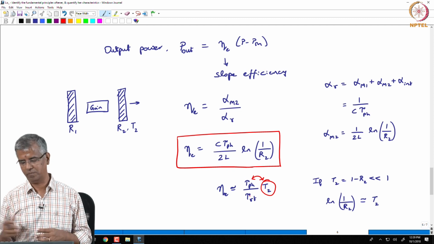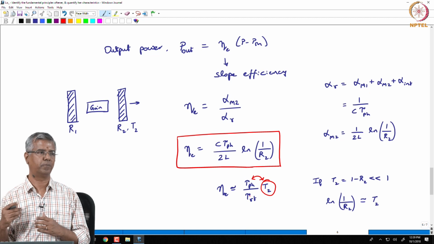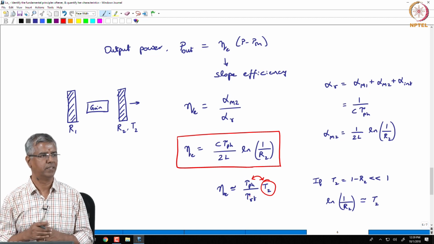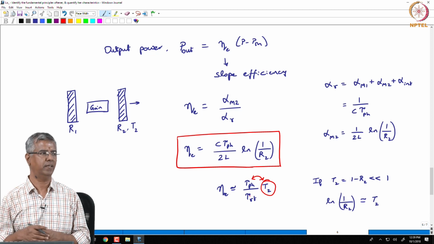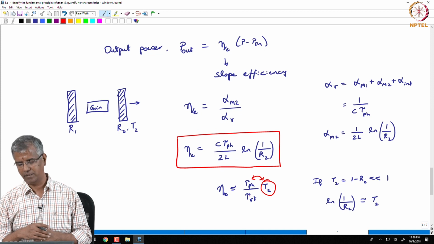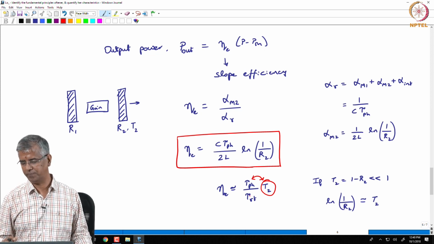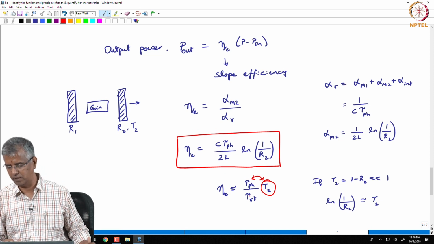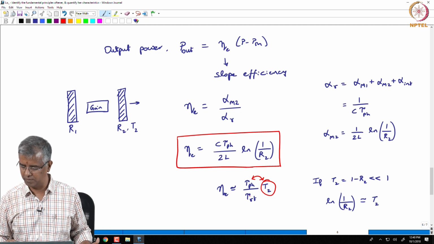On the other hand, if you try to extract a lot of power by making one of the mirrors low reflecting, which corresponds to high transmission, you may not have enough photons to sustain the laser oscillations, so sustain stimulated emission.